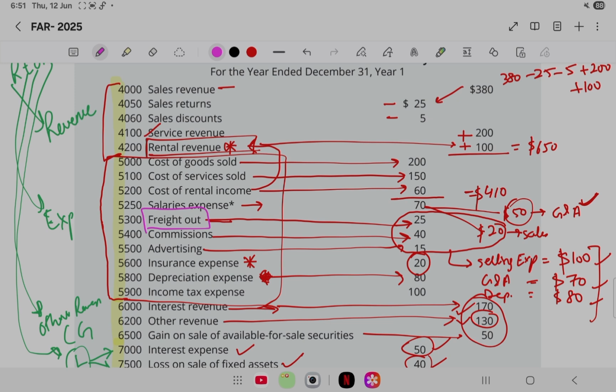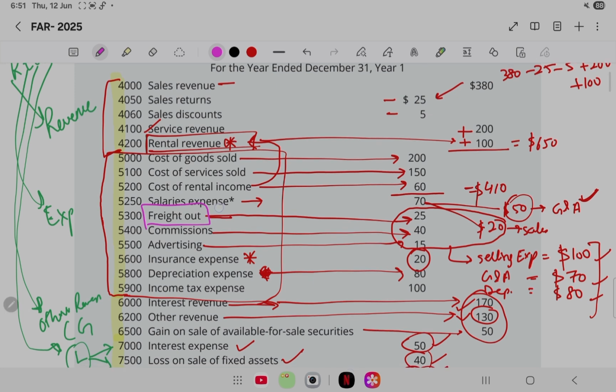We paid the freight for the transport for the selling, so it is a selling expense. But if it is written here freight in, it means it will be added in the raw material.